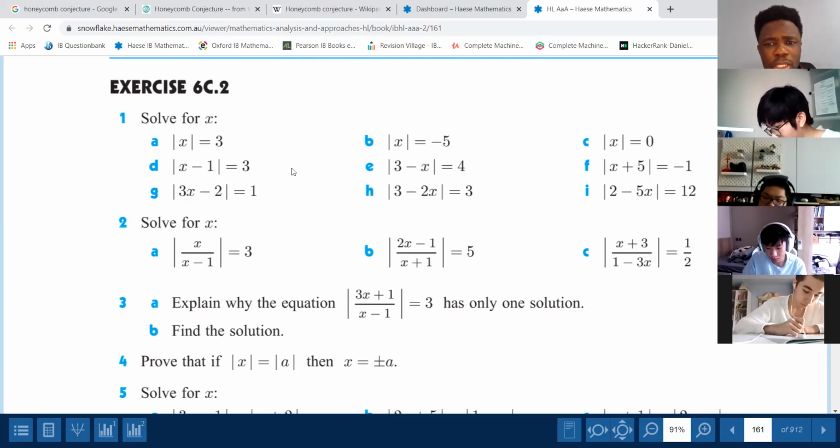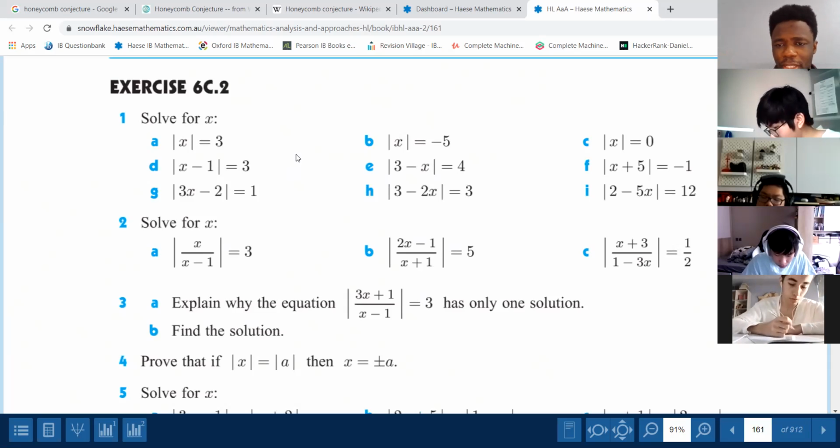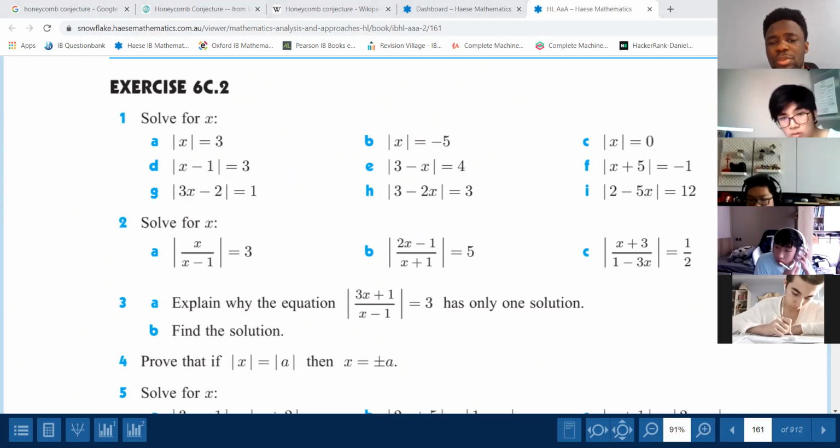Do question 1, F and I, these last two, quickly, and send it to me privately on WeChat. You have 5 minutes for both. I'll pause the recording now. We'll continue recording after you are done.